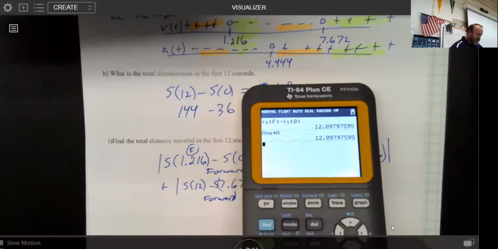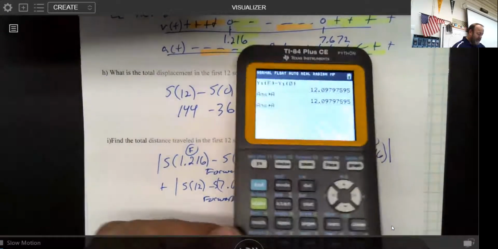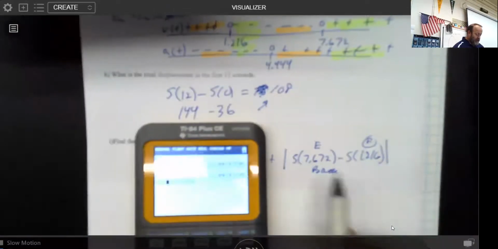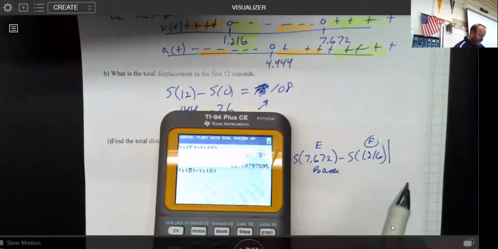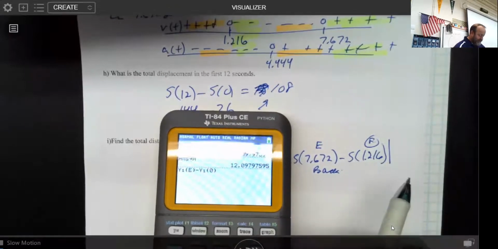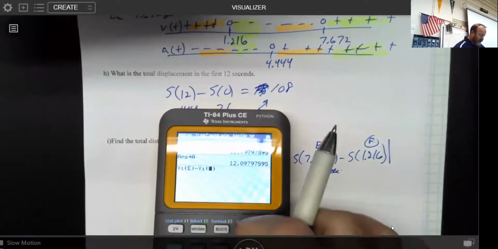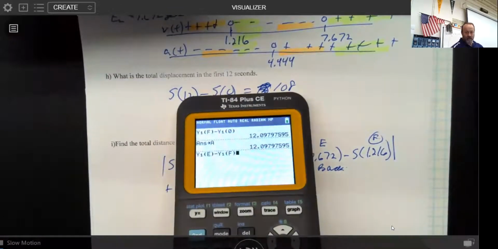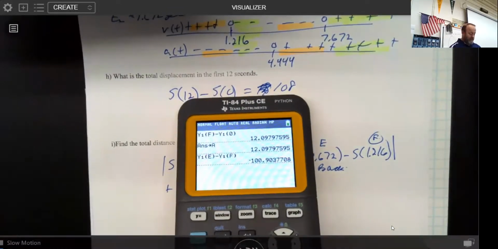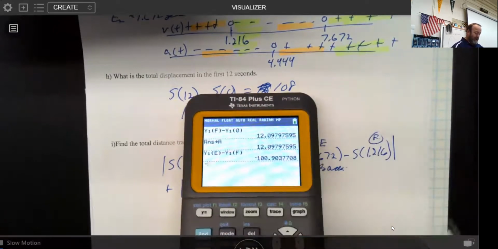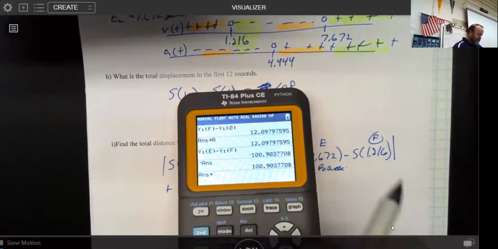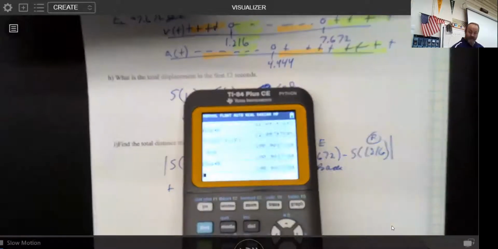Okay. Then I'm going to go back and grab these last lines and change this one right here to E, and this one right here to F. Now I should know already that this thing is going backwards. So this answer is going to give me a negative because it was going backwards. So I'm going to flip that over because of course absolute values are positive. I'm going to store that as alpha B. Okay.